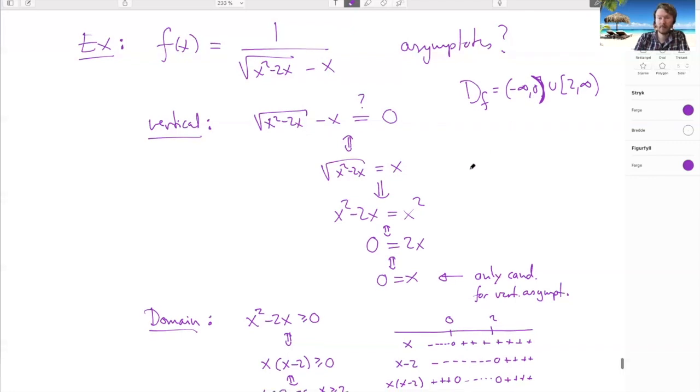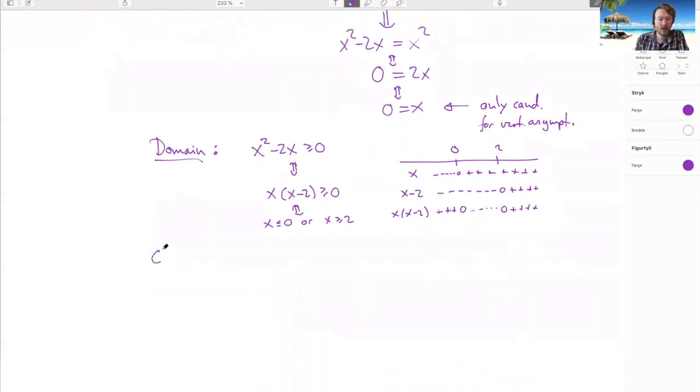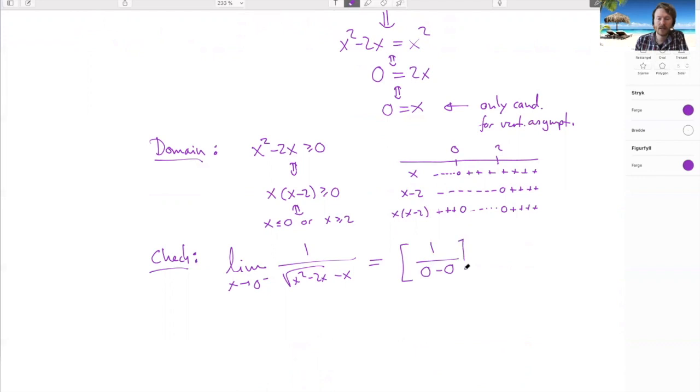So let's do that. We check with the limit as x goes to 0 from the negative side of 1 over x squared minus 2x minus x, like this. We check what it is. And what happens? Well, this tends towards 0 and this tends towards 0. So here I have a limit of this form.